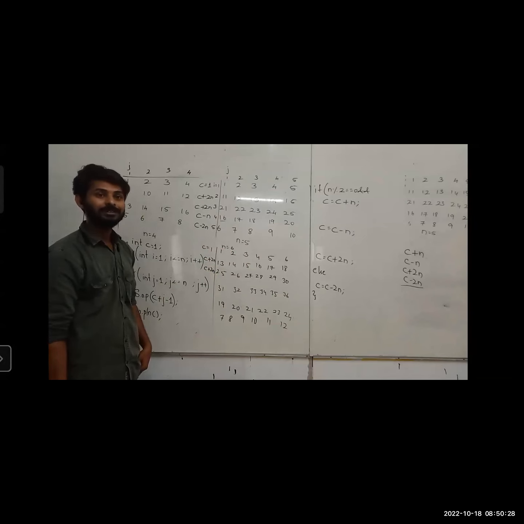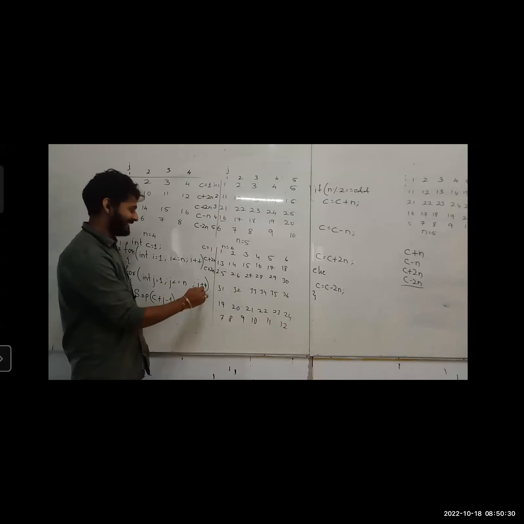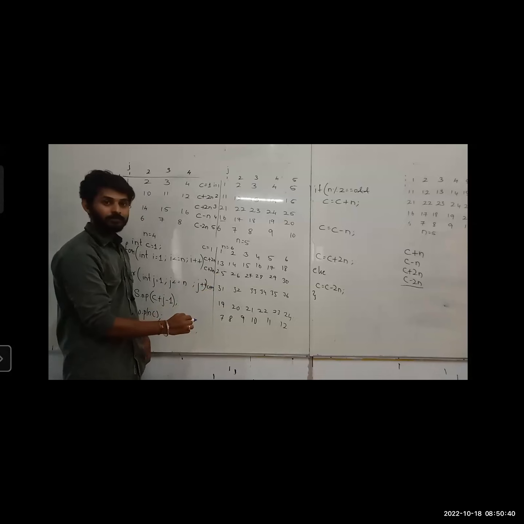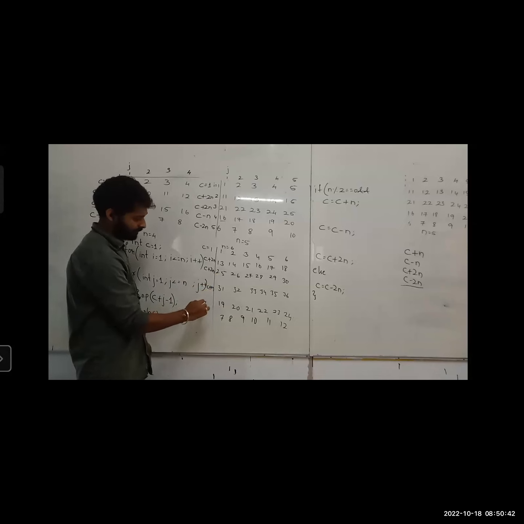Let us see. If it works well, well and good. So if the difference is that much, by default it is C minus 2n.